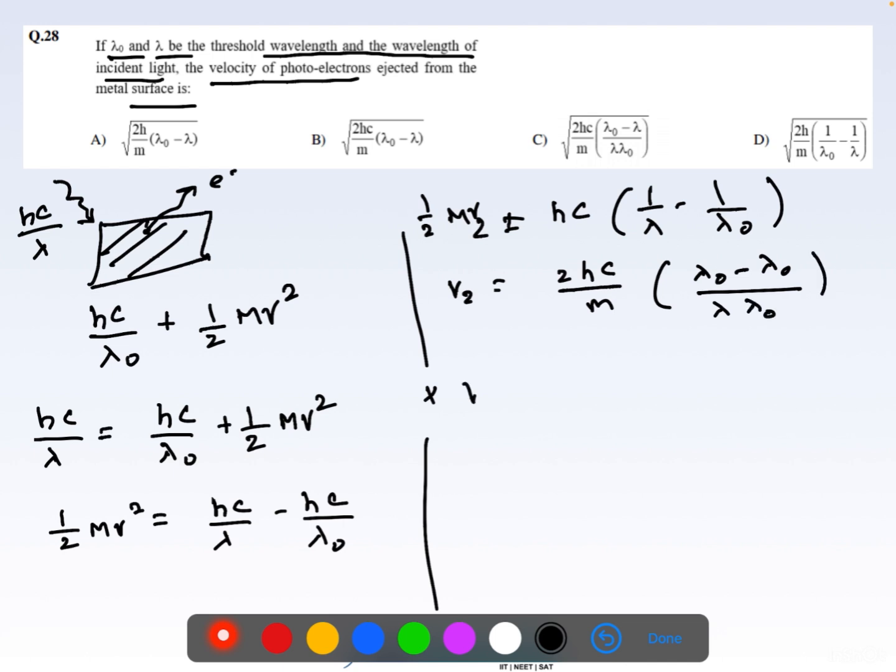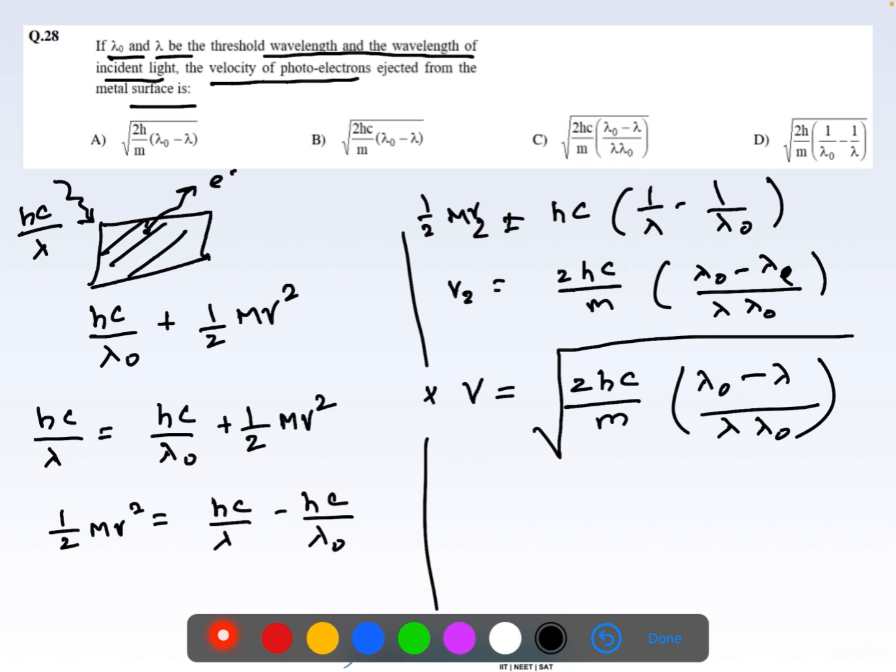Finally, this v will be equal to root over 2hc by m into lambda naught minus lambda divided by lambda into lambda naught. So the correct option will be option C.